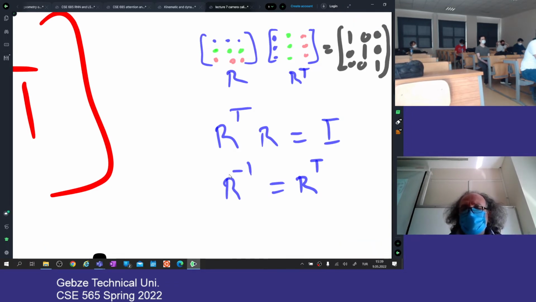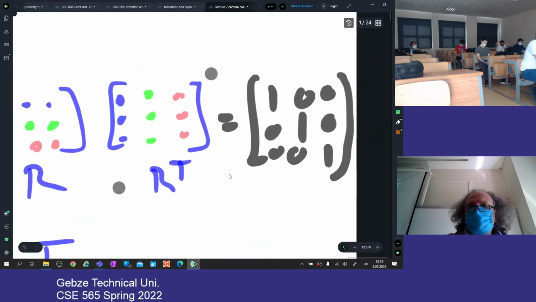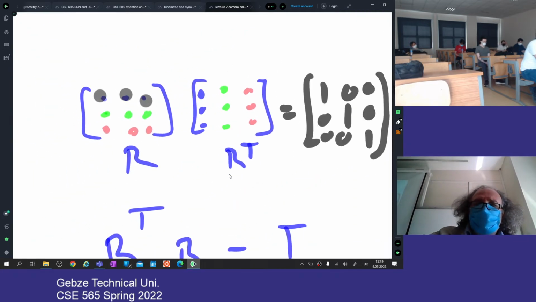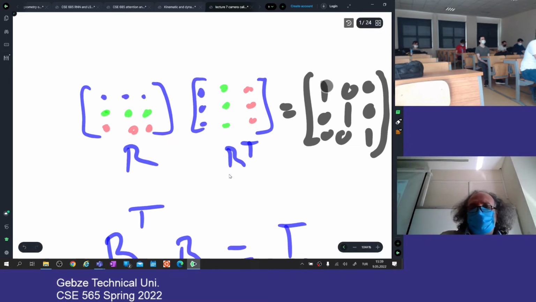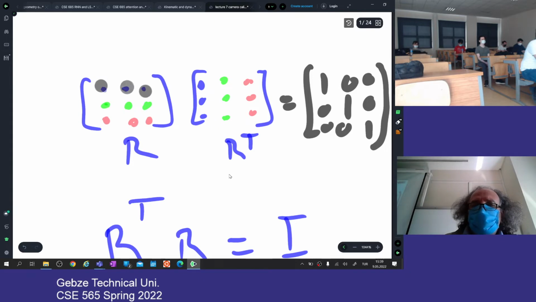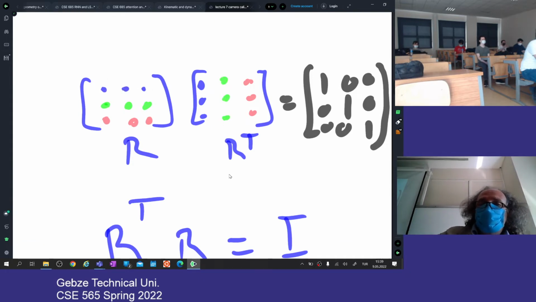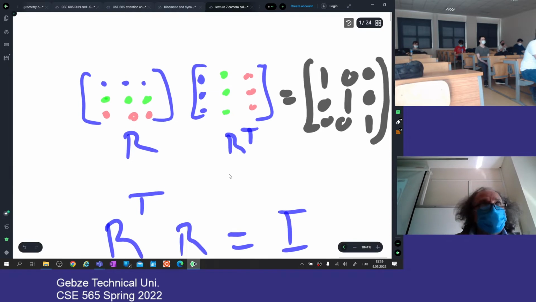So what does that mean actually? It means if I multiply these three blue stuff with these three blue stuff, which is the same thing, it will produce me a 1. But if I multiply these three blue stuff with these three green stuff, it's going to produce me a 0, right?